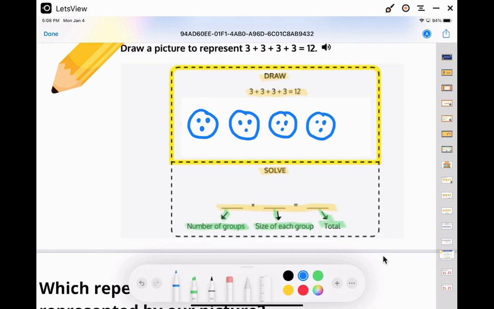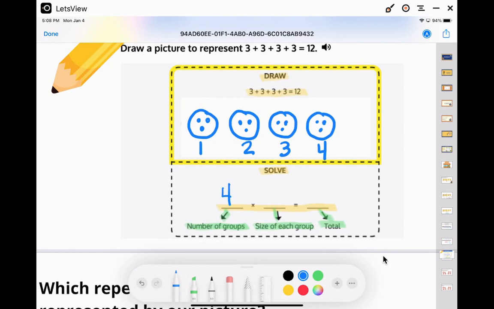Let's check our work. Our first factor is the number of groups. If I take a look at my picture, I have 1, 2, 3, 4 groups. So my first factor is the number 4. My second factor is the size of the groups.